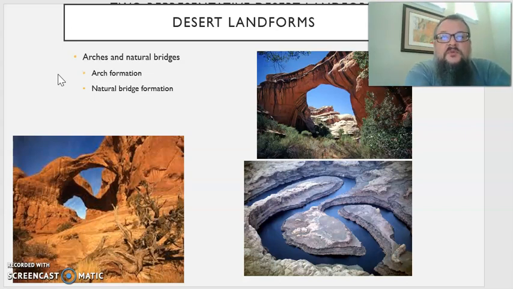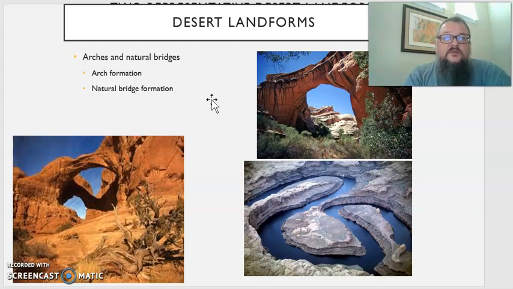Arches and natural bridges both form as sedimentary rock weathers, and they can look very similar. The difference is that a bridge, just like a bridge gets you across a river, a natural bridge forms as water flows underneath it and makes its way through a weakness in rock. So natural bridges are formed by water.